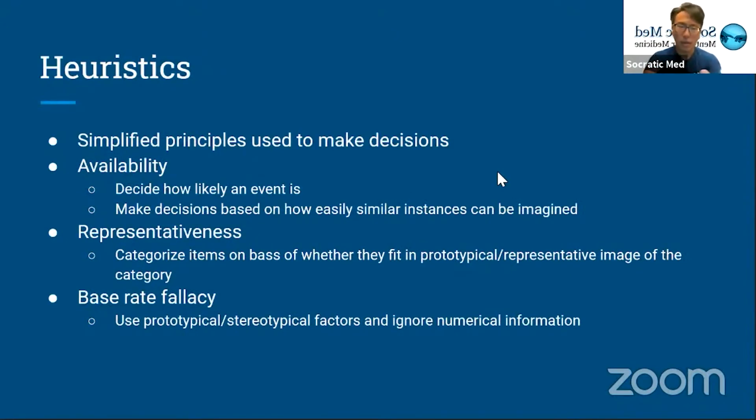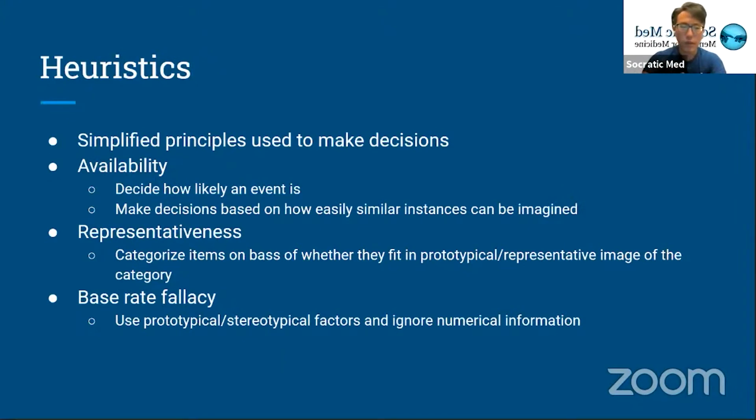And another type, it's more like an easier way to answer questions, is called heuristics. That's when we use simplified principles to make our decisions. So it's like using shortcuts and generalizations, or stereotypical answers to make our decision.